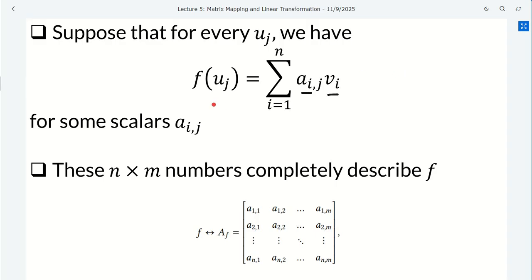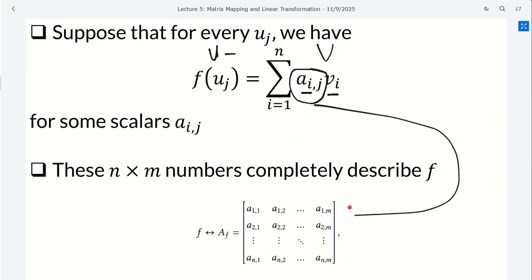So applying the transformation to the basis in the U space, transforming from U to V, is the same thing as multiplying by a scalar. Now it's actually the matrix that is going to do the transformation, and that is what you can see over here.